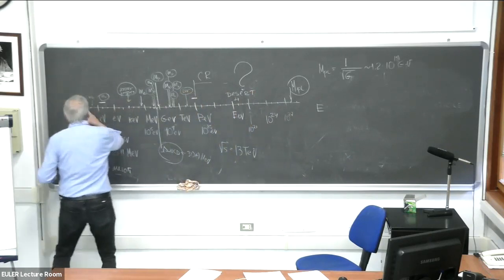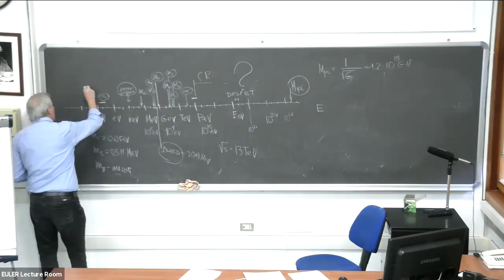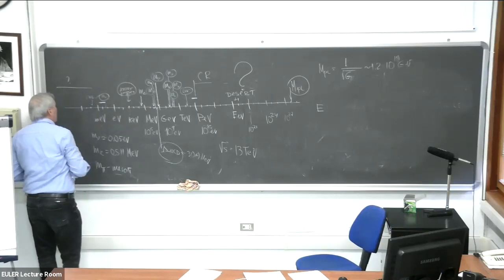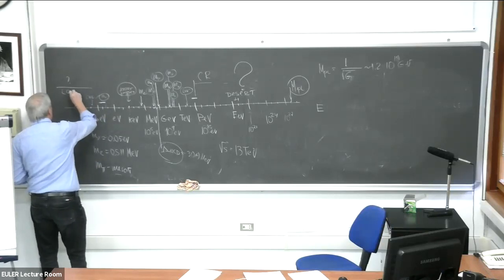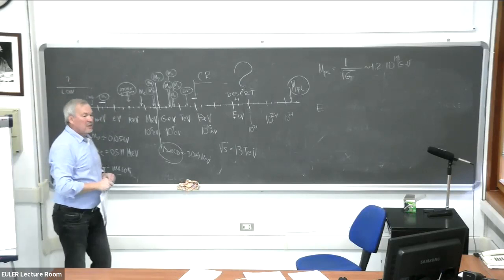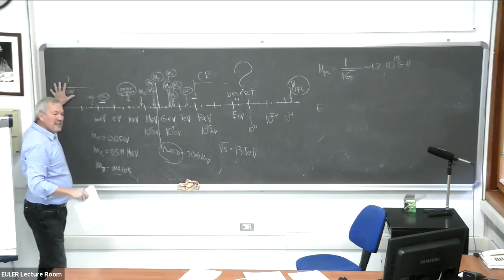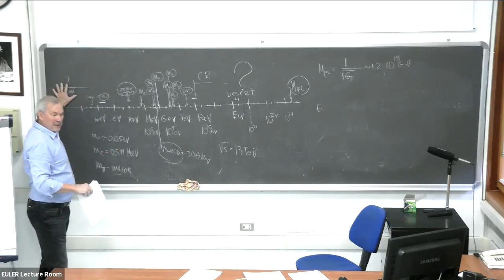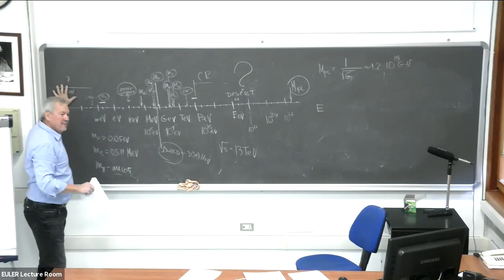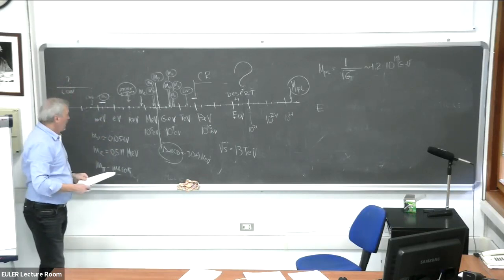But there is also a low energy desert because we don't know what is here. This is low energy. And in recent years, there has been a lot of activity to explore if we can find something here. So to say, particles with very small masses, or some phenomena at very small energies.